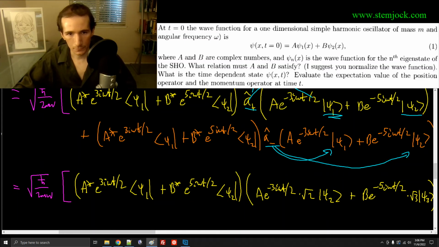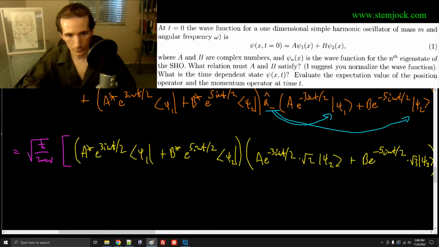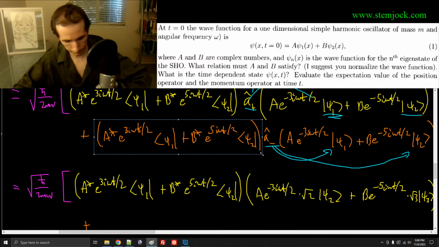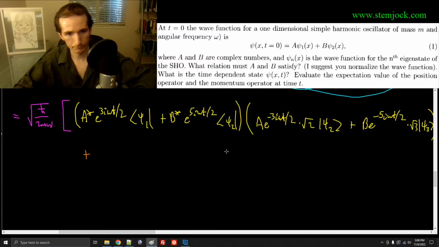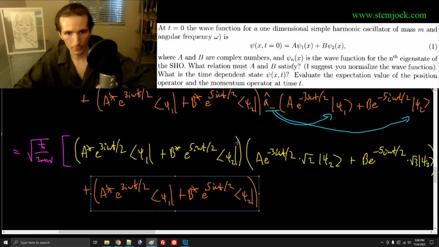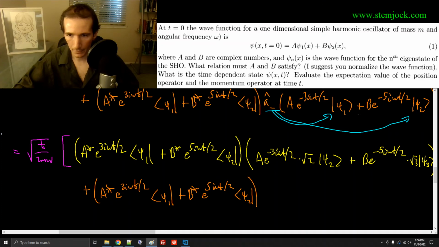Now we move on to the orange terms. So plus, I'm going to copy and paste this to save time. All right, and now a minus, so the second term here will become a e to the minus 3I omega t.